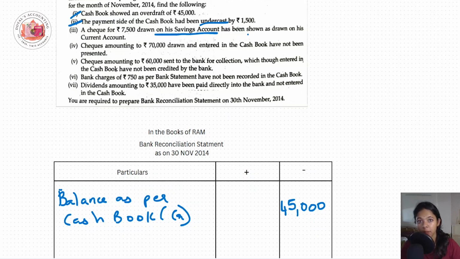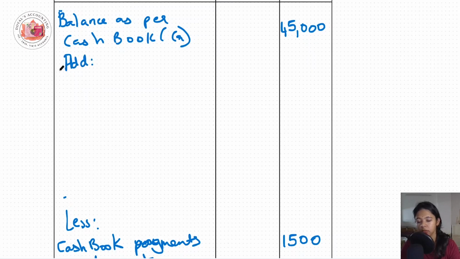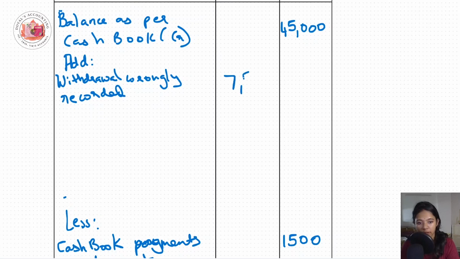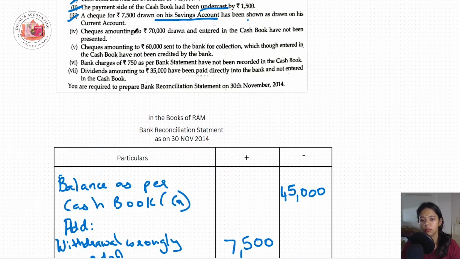So, if we check the passbook, we will see that our passbook has 7,500 rupees more than our cash book. It's a drawing, but it's not. So our passbook balance is more than our cash book balance. And if I want the two to equalize, I will add. So I have to add this check, 7,500. Let's see the next one.